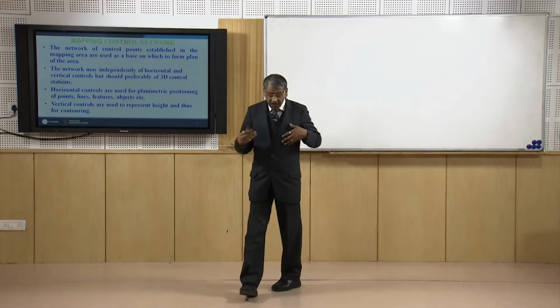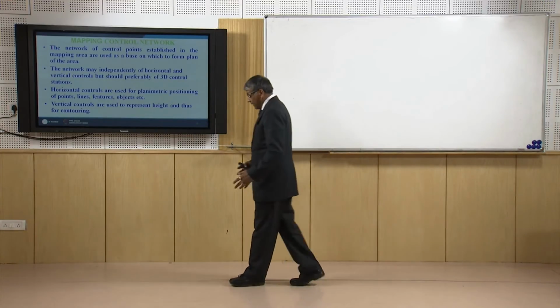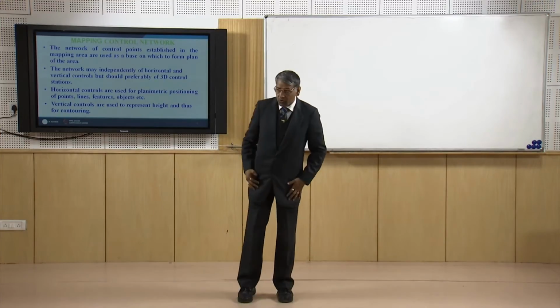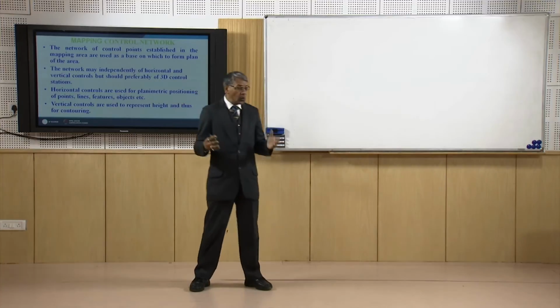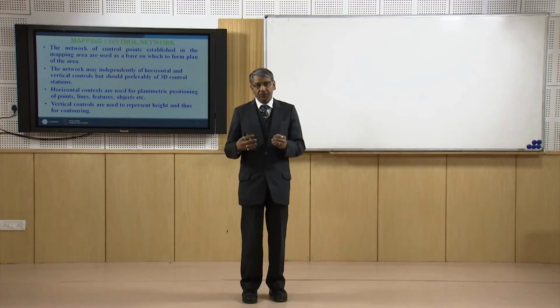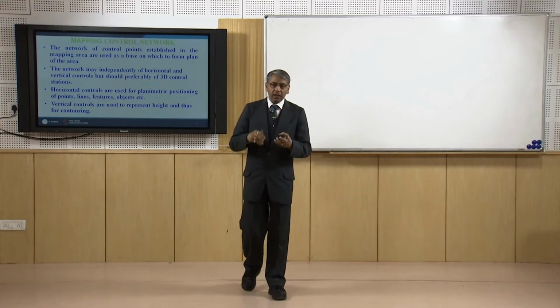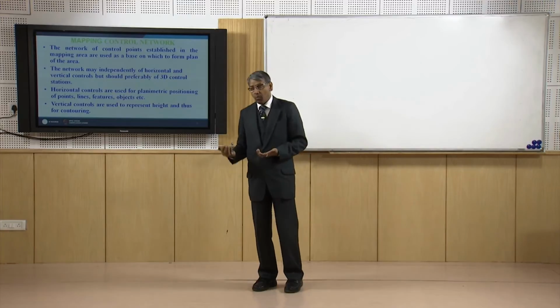The next important criterion for mapping is the control network. As you know, a control network is a network of points whose position is already defined, and that can be used as the base for all other measurements or all other work.